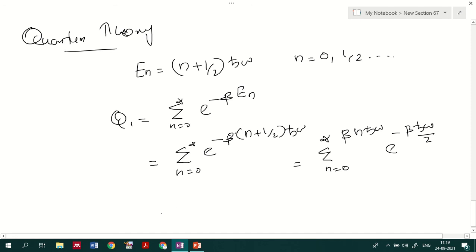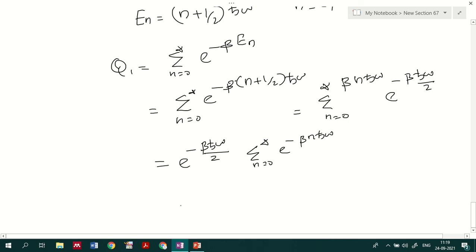So that is equal to e raised to minus beta h cross omega by 2, times the sum from n equal to 0 to infinity of e raised to minus beta n h cross omega, which is again e raised to minus beta h cross omega by 2 times 1 divided by 1 minus e raised to minus beta h cross omega.